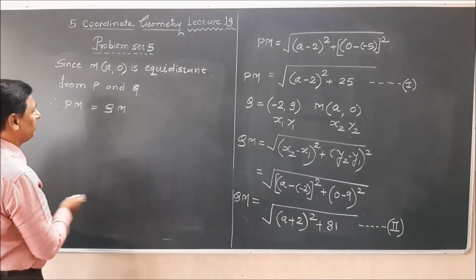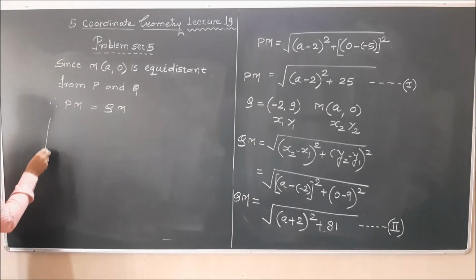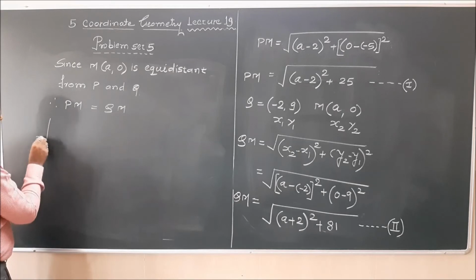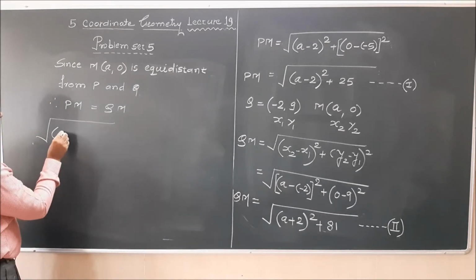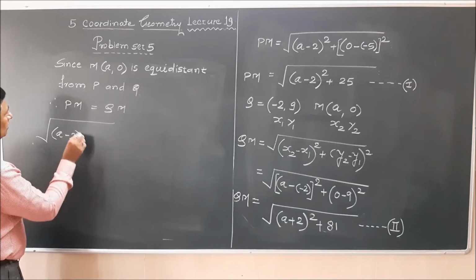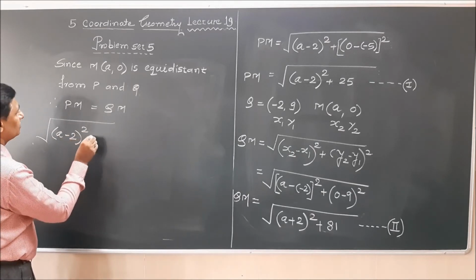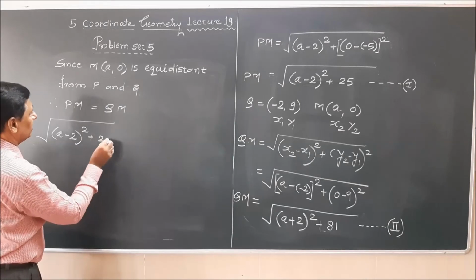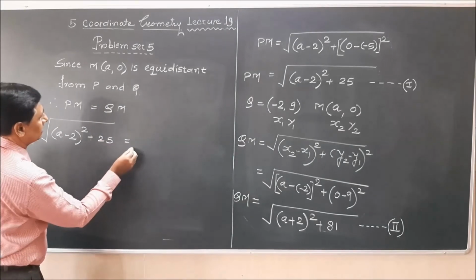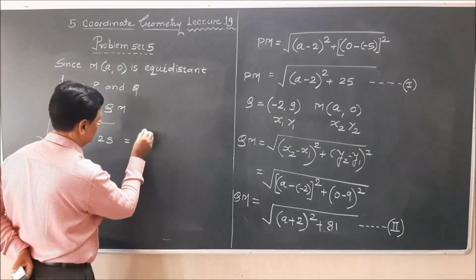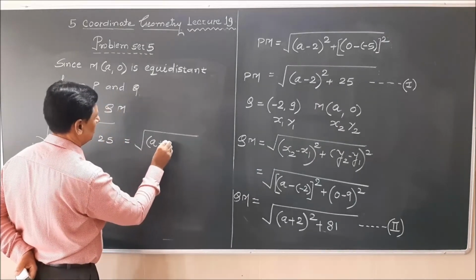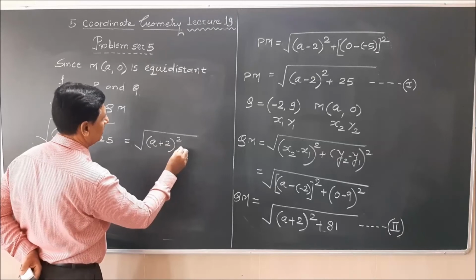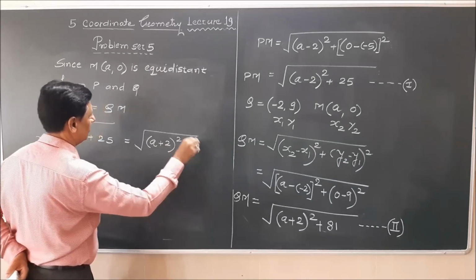We know the value of PM as root of a minus 2 the whole square plus 25, that is equal to root of a plus 2 the whole square plus 81.